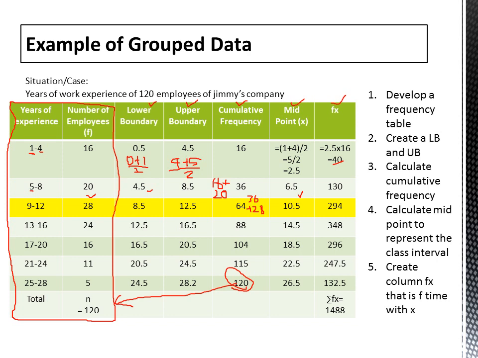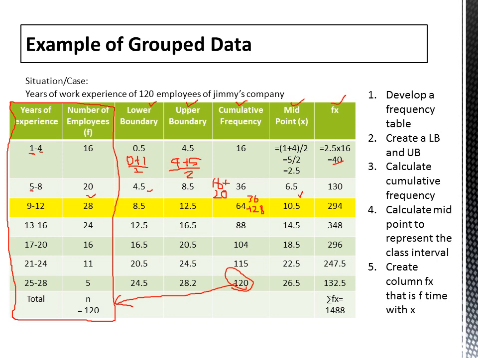So how to calculate the cumulative frequency? It's very easy. For the first row, just maintain 16 because there is nothing to add with before. For the second row, you add 16 plus 20, so it equals 36. For the next row, 36 plus 28, so it is equal to 64.